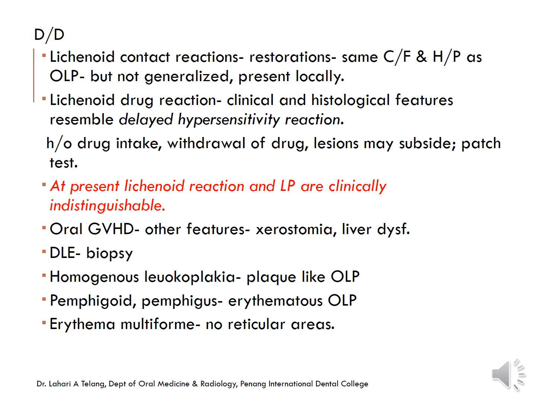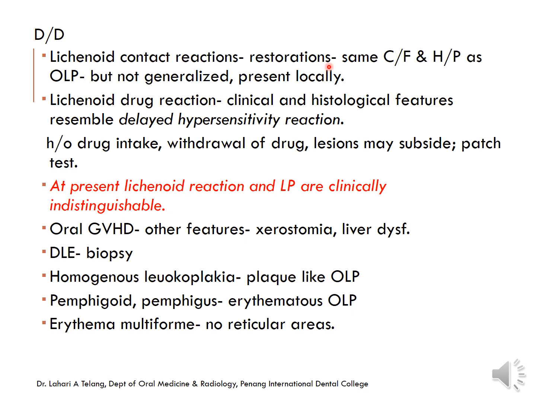When we're talking about differential diagnosis, many diseases come to mind. First of all, lichenoid contact reactions. I'll tell you what the lichenoid spectrum is a little later. You could look at restorations coming in contact with the buccal mucosa, for example, or the tongue, and leading to a lesion in that area. Generally a delayed hypersensitivity reaction.